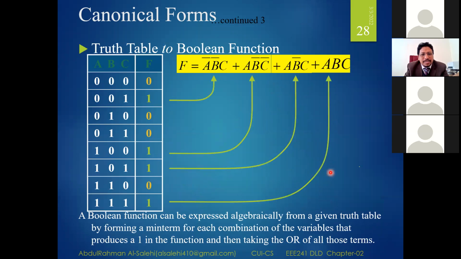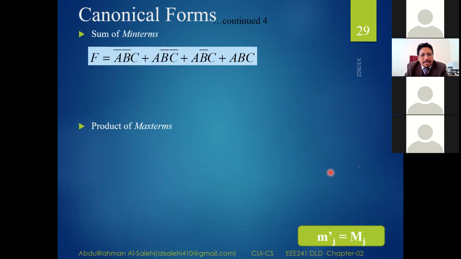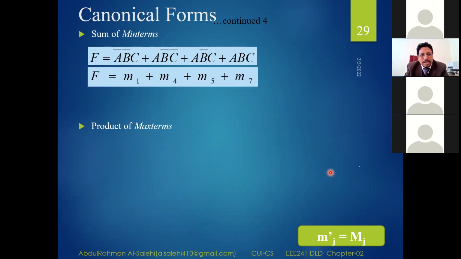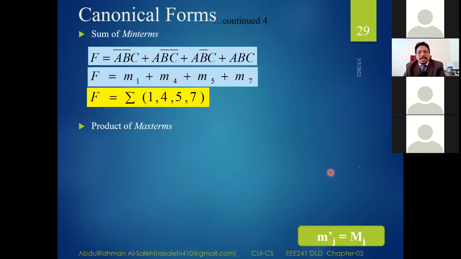This one, A prime, B prime, C, is available in the truth table, equivalent to M1. The second one here, A, B prime, C prime, is equal to M4, and so on.